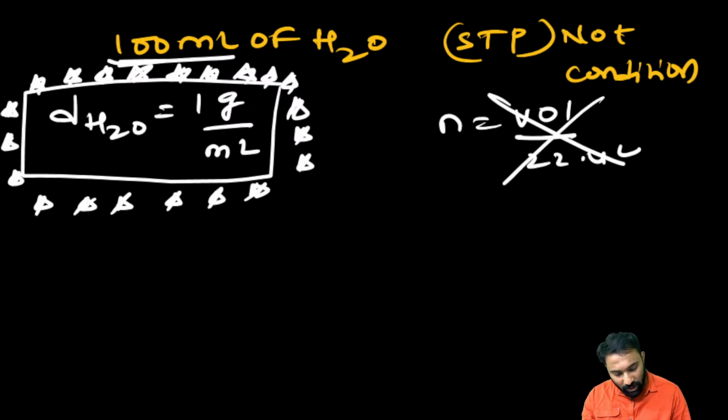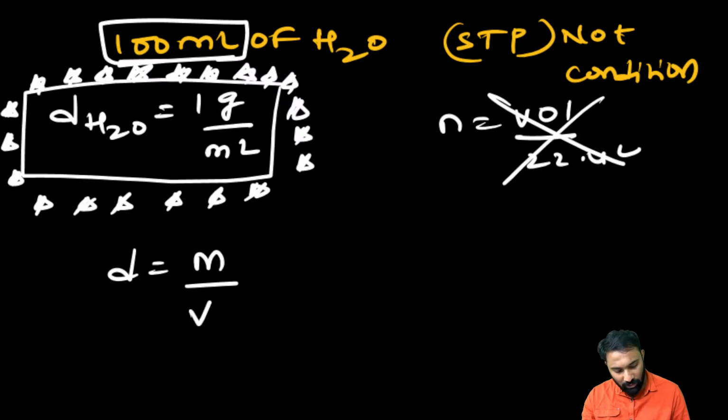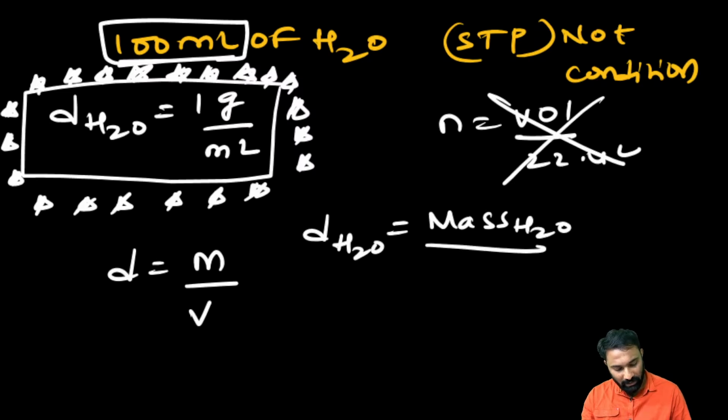Then how much volume is being asked for the weight? 100 ml, right? The density formula is mass by volume. So the density of H2O is the mass of H2O by the volume of H2O.